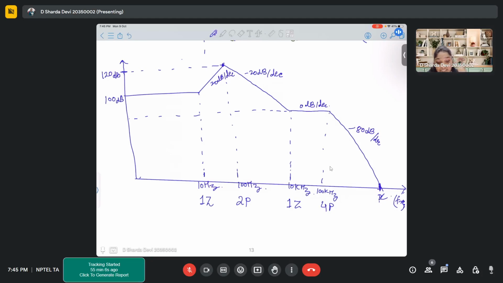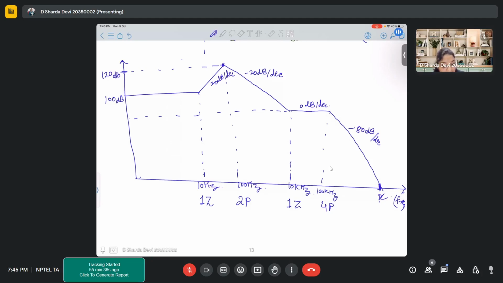How much is the frequency change? 90 hertz, ma'am. 90 hertz? It means the effective change in the frequencies, from 100 hertz to 10 kilohertz. How many decades are changing? Okay, fine. Yeah, ma'am.